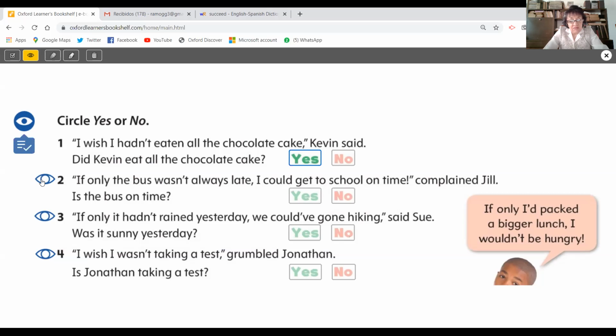Is the bus on time? No, not always. If only it hadn't rained yesterday, we could have gone hiking, said Sue. Was it sunny yesterday? No, it rained. I wish I wasn't taking a test, grumbled Jonathan. Is Jonathan taking a test? Yes, he is.